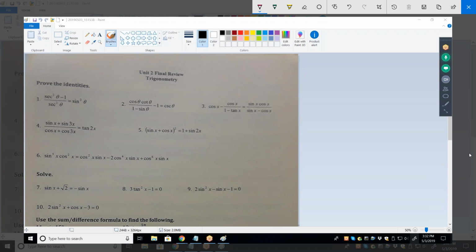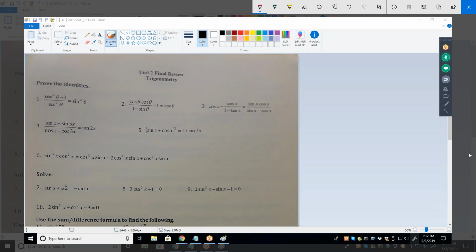Now, one thing you should know is that there are no real-life problems where you have to prove identities. There is one purpose for this and one purpose only. You know what it is? No. Get you to memorize your identities.